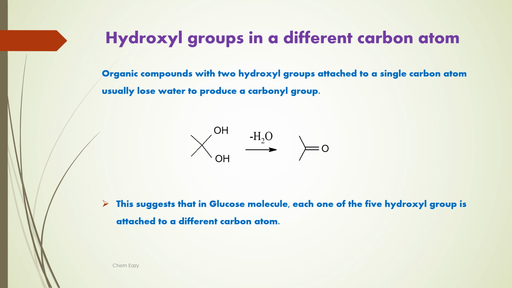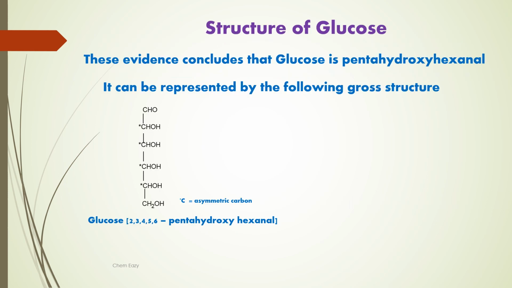It suggests that in a glucose molecule, each of the 5 hydroxyl groups is attached to a different carbon atom. From all these evidences, we can conclude that glucose is a pentahydroxyhexanal.